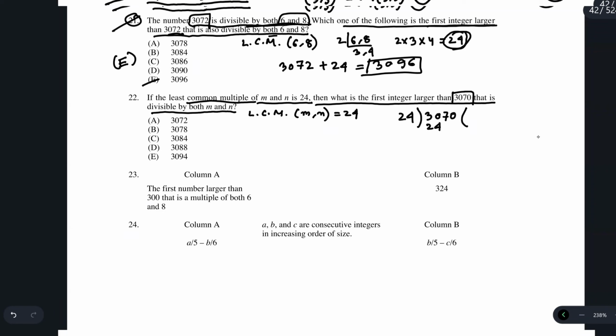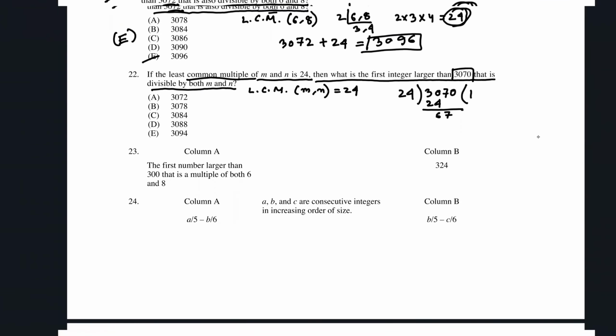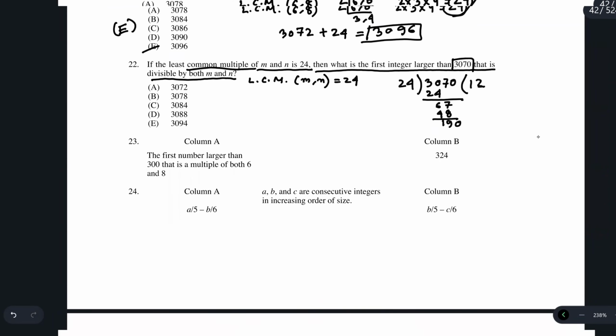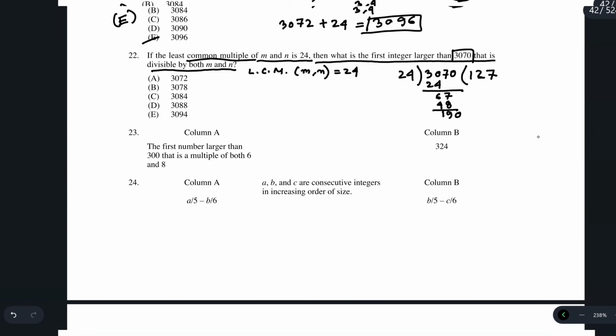So we have 3070 here. We get 127, and the remainder works out as follows: 2 times 24 is 48, we have 19 over here, then we get a 0, and 7 times 24 is 168.